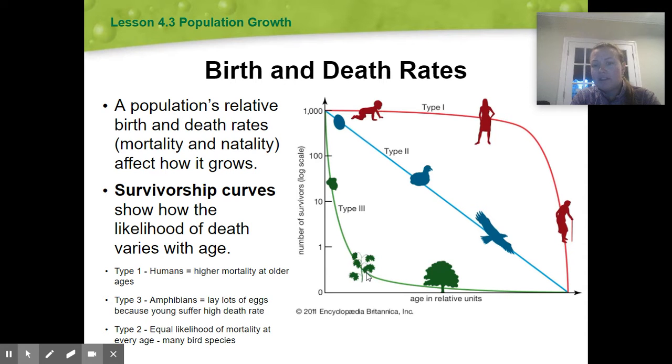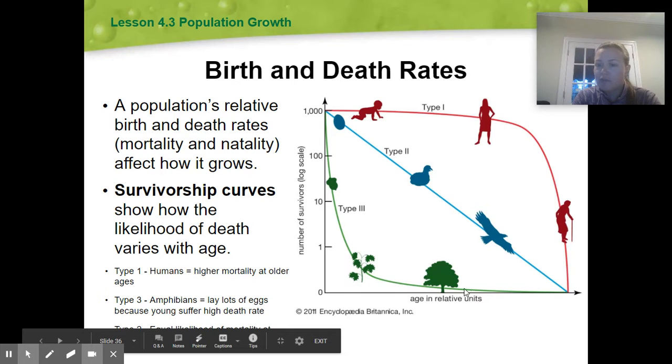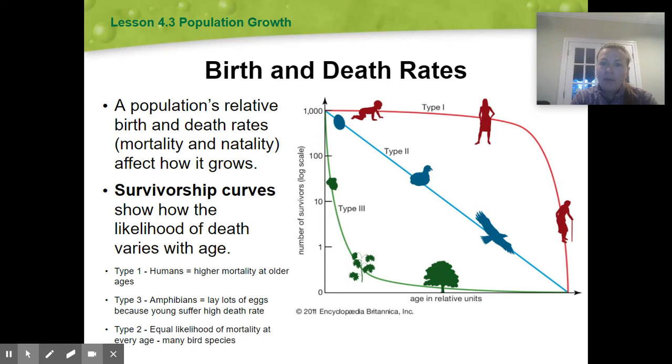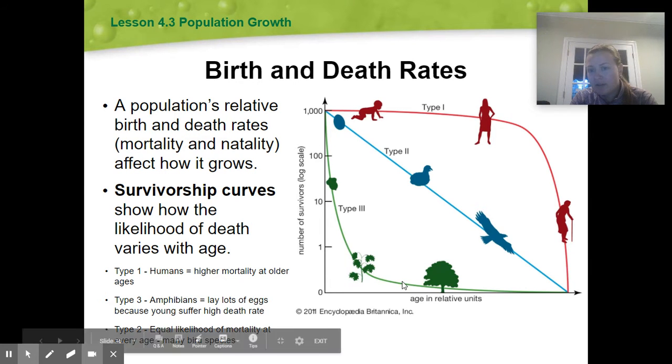And then if that sapling makes it to a certain age, it is probably going to make it all the way to adulthood. Same thing with amphibians and organisms that have a lot of young. Amphibians, like a frog, will lay thousands of eggs, but only in the tens will make it all the way to adulthood out of those thousands of eggs.